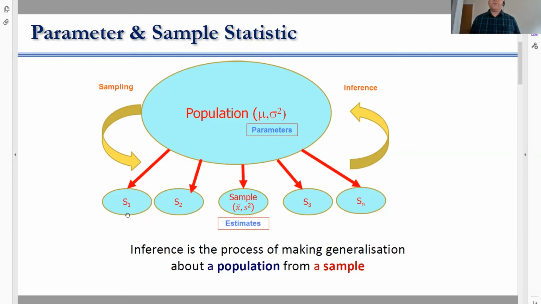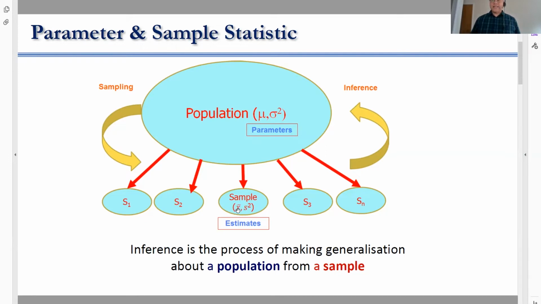Then the second objective is to use that sample to infer about the population. In this scenario, there is the concept of the sample statistic. Here we are interested in the mean body weight. The sample statistic is also sometimes called the estimate, which we generally denote by English letters like X bar, and the sample variance, let's say S squared.